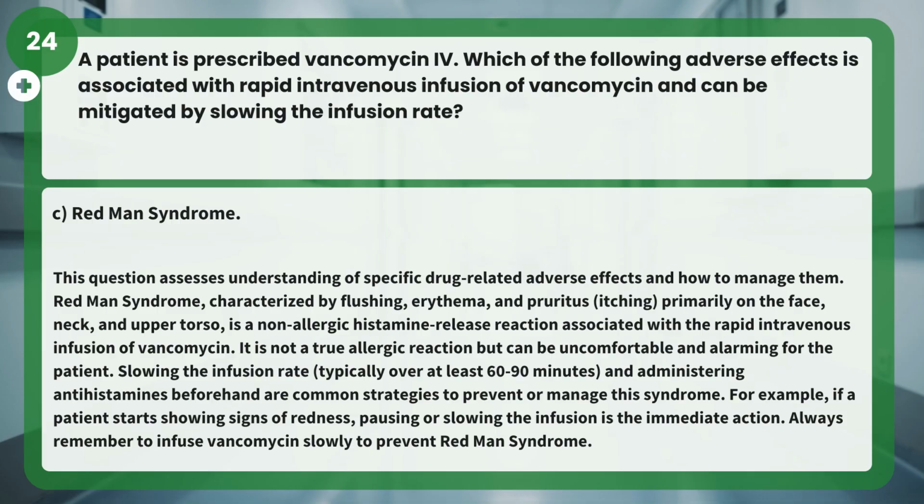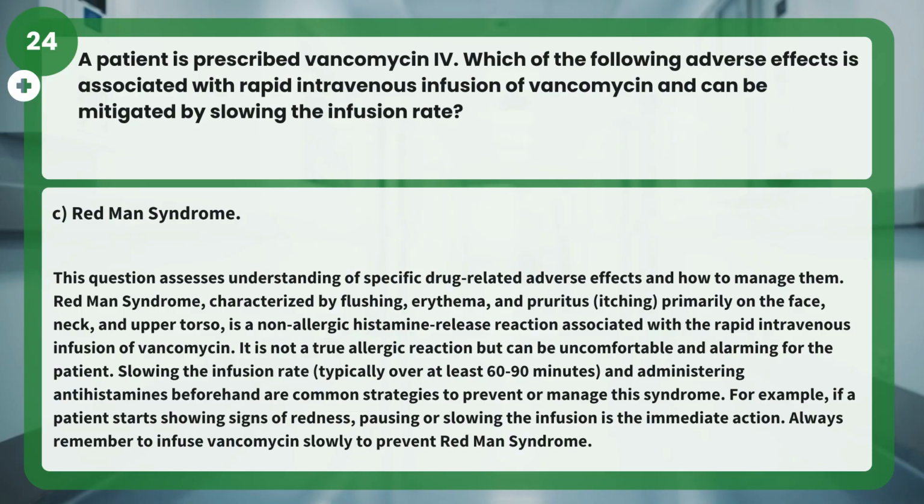This question assesses understanding of specific drug-related adverse effects and how to manage them. Red man syndrome, characterized by flushing, erythema, and pruritus, itching, primarily on the face, neck, and upper torso, is a non-allergic histamine release reaction associated with the rapid intravenous infusion of vancomycin. It is not a true allergic reaction but can be uncomfortable and alarming for the patient.